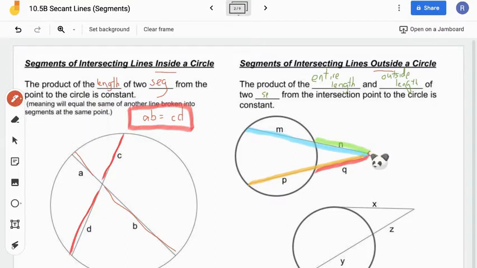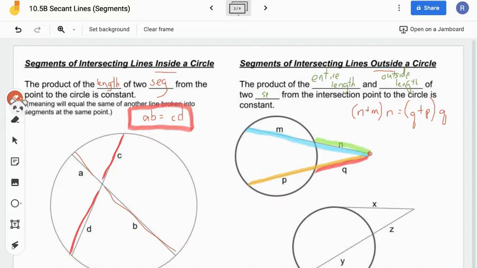So they have to come out to this point here in order for this to work. This equation looks like n plus m times n, right? Our entire length plus just our outside part is equal to Q plus P times Q. Again, that entire length times just the outside piece.